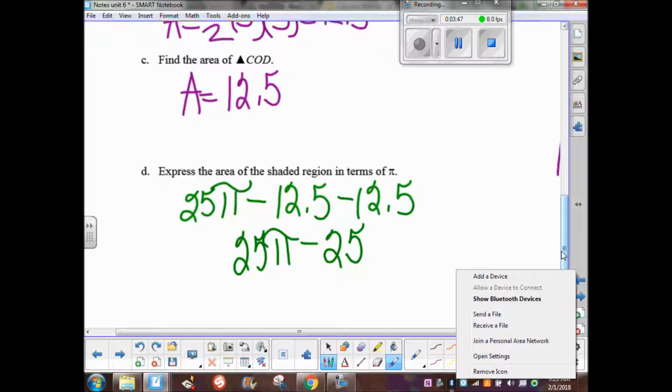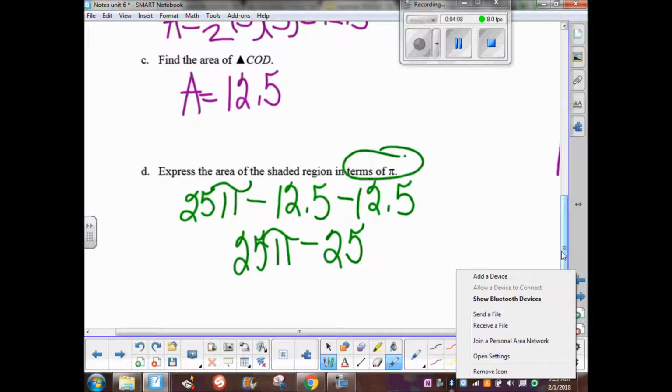Now, we can't do anything else with this. What did the question say? In terms of pi. These are not like terms. 25 pi and 25 are not like terms. It's like 25x and 25. They're two totally different terms, so you can't do anything else with it.